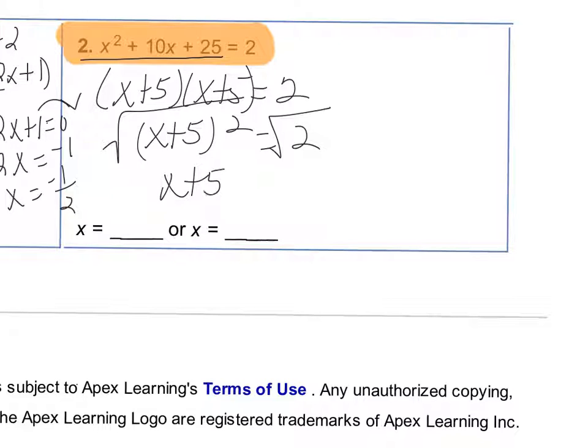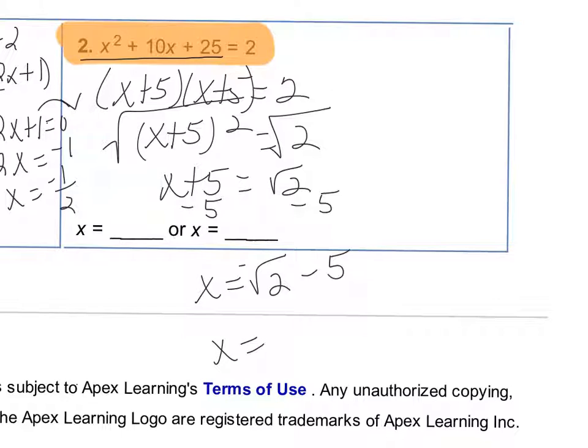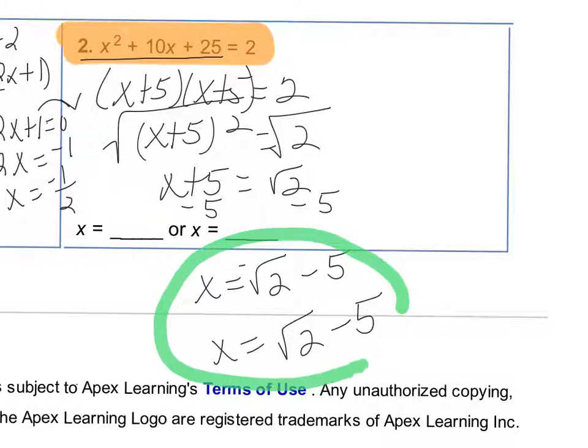So x plus 5 equals the square root of 2. To get rid of the 5, you subtract 5 on both sides. So x can equal negative square root of 2 minus 5, or x can equal the positive square root of 2 minus 5. So that's going to be your two solutions right here.